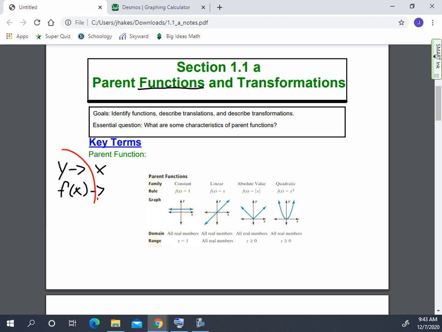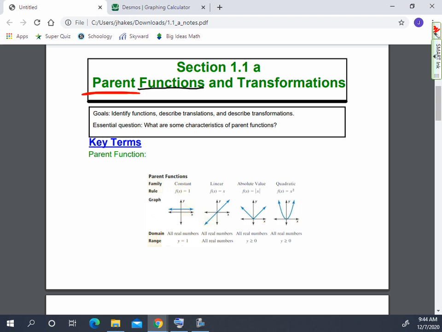Now, parent functions. A parent, you guys came from your parents, right? So they're the original people that you came from, and you are now transforming into your young self, your young adult self.